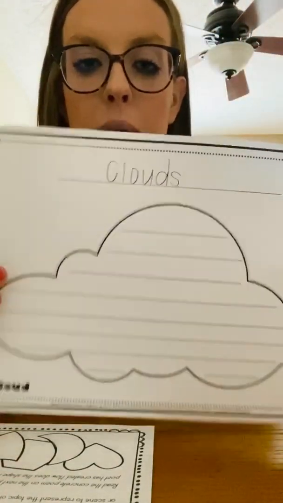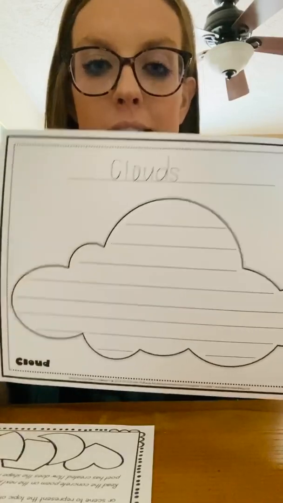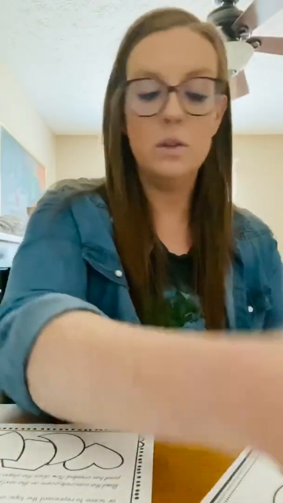Now that I have my ideas, I'm going to write them on the inside of my shape. You'll notice that as I'm writing them, it'll start to look like the shape of a cloud. Since this poem includes complete sentences, I am going to be sure to include capital letters and periods at the end to show my complete sentences.